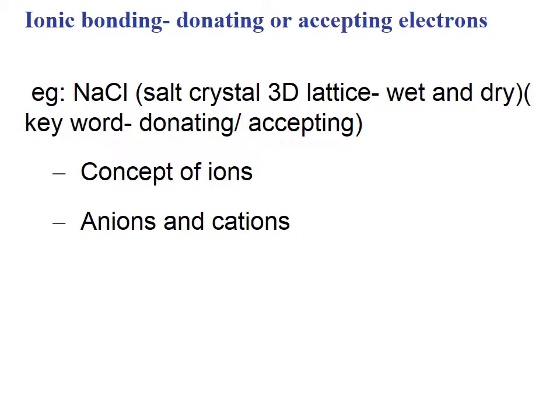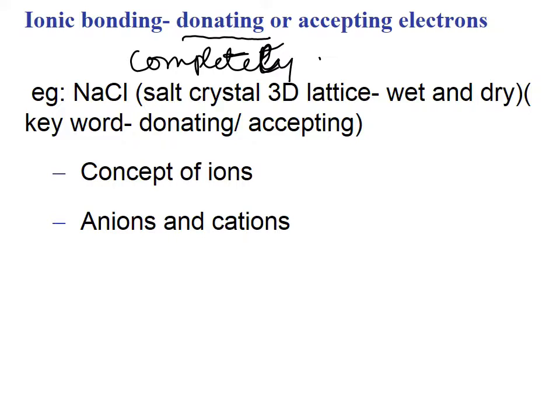Okay, now we move on to the next set of bonding, which is called ionic bonding. Now what is this? Ionic bonding is basically completely donating or accepting electrons.